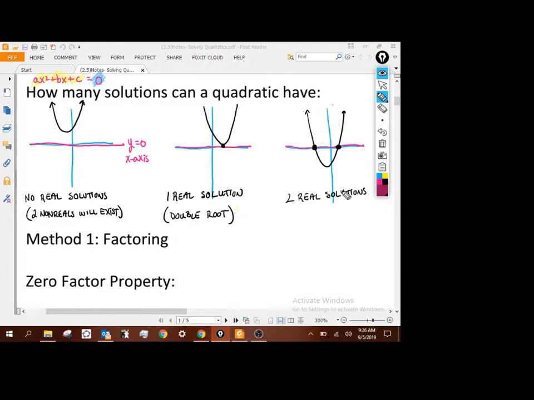We'll talk about this in more detail towards the end of this section when we start using the quadratic formula a little bit more. But there is part of the quadratic formula, which I'll just write right here.